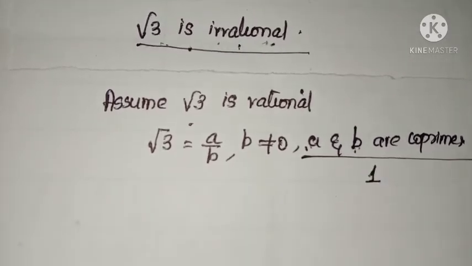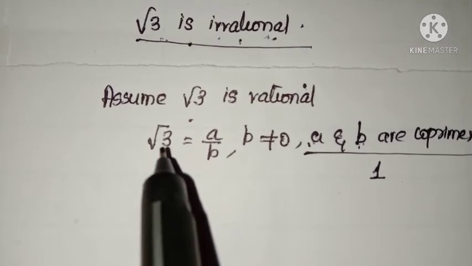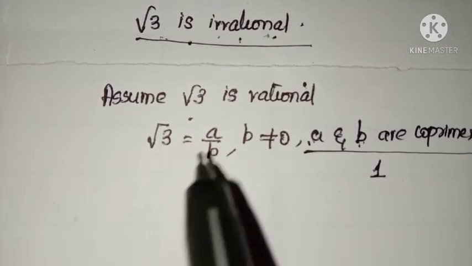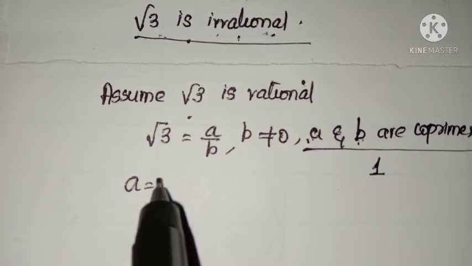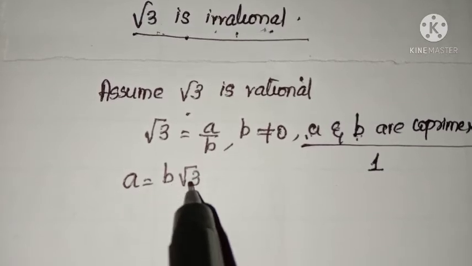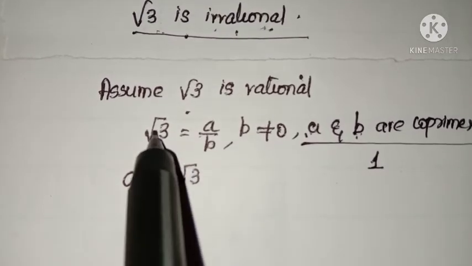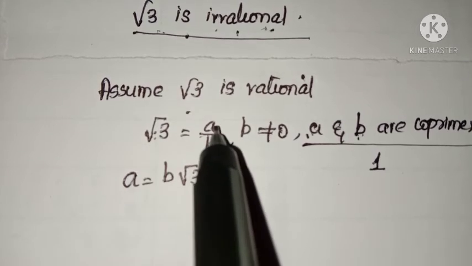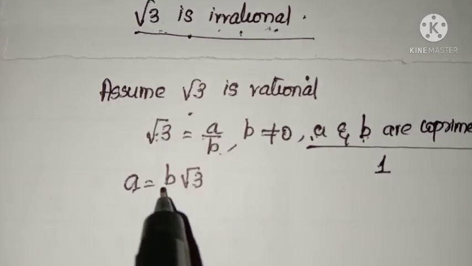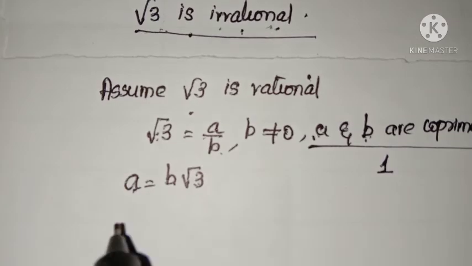Now from here, root 3 equals a by b means a is equal to b into root 3. Take this b to here. So root 3 into b is equal to a, or a is equal to b root 3.